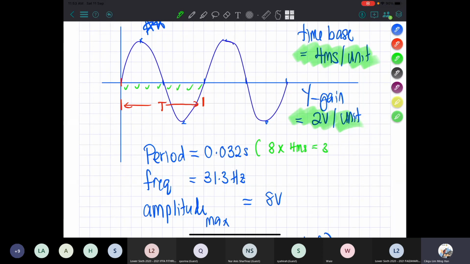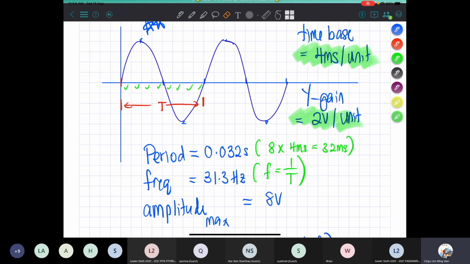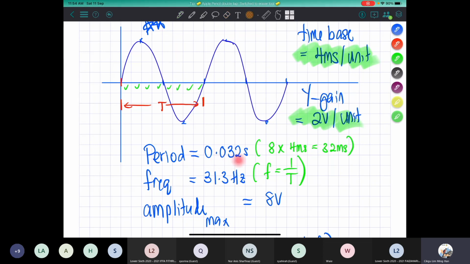You will get 32 millisecond, or 0.032 second. And then the next one, I want to find out the frequency. Frequency is simply 1 over the period. Again, the same thing. I just divide 1 over 0.032. I will get the frequency.